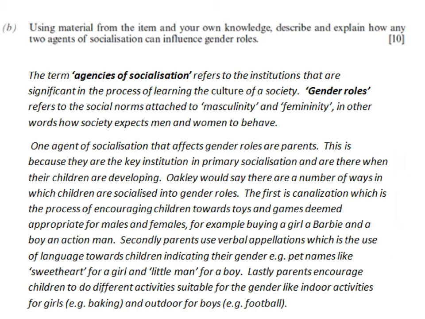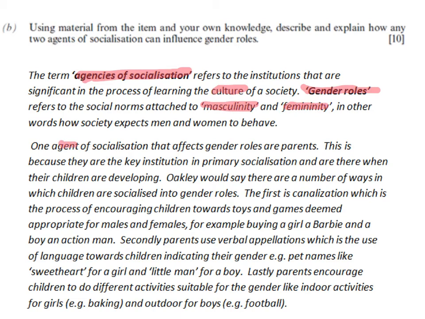And hopefully you can see that in this model answer there's good use of sociological terms. So obviously we've got the terms from the question, so agencies of socialization, gender roles. We've got reference to culture. We've got reference to terms like masculinity and femininity.